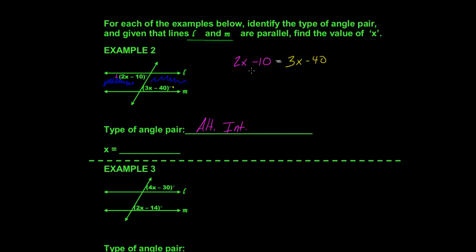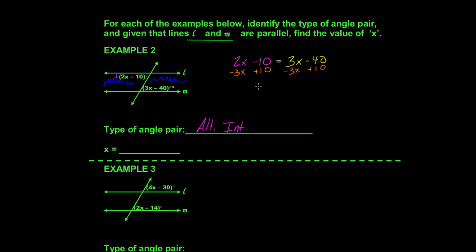Alright, so we're looking to work this down. Let's get our x's on one side. Plus 10, plus 10. We can subtract 3x from both sides. So what this will do is move our x values, and our other values will move to the other side.